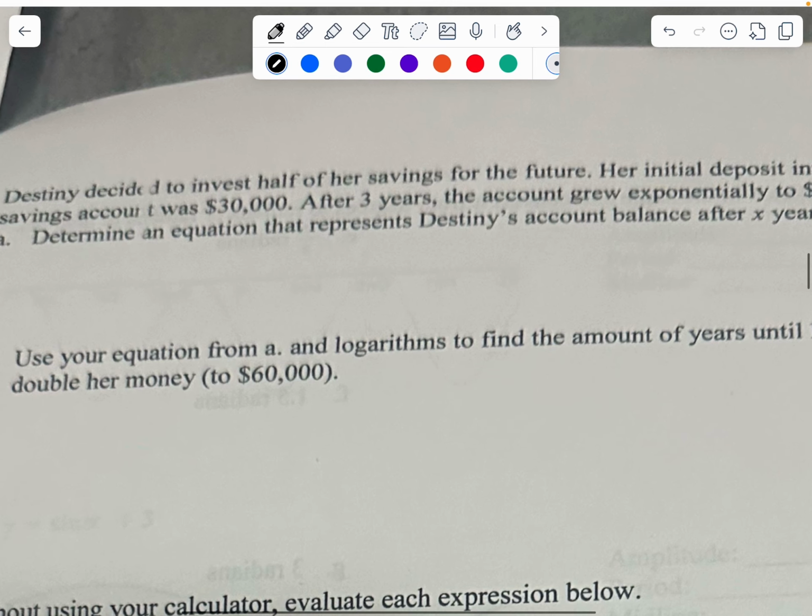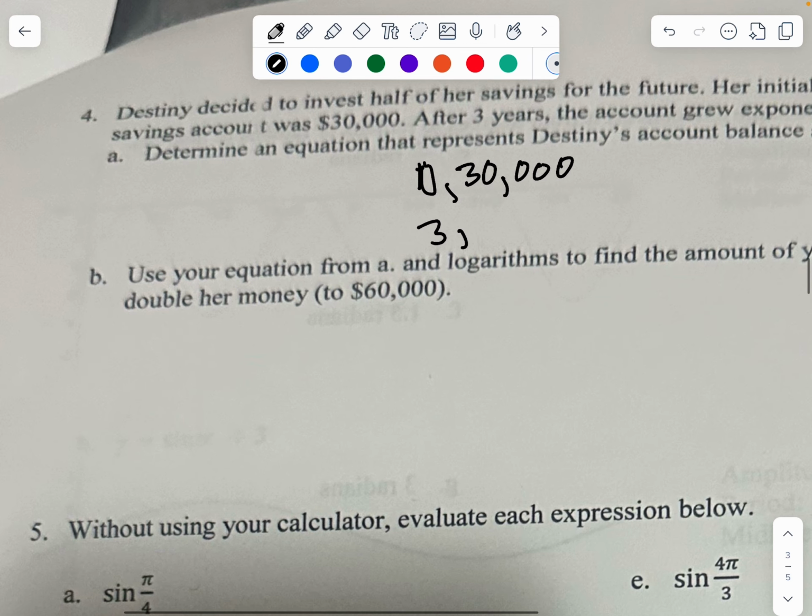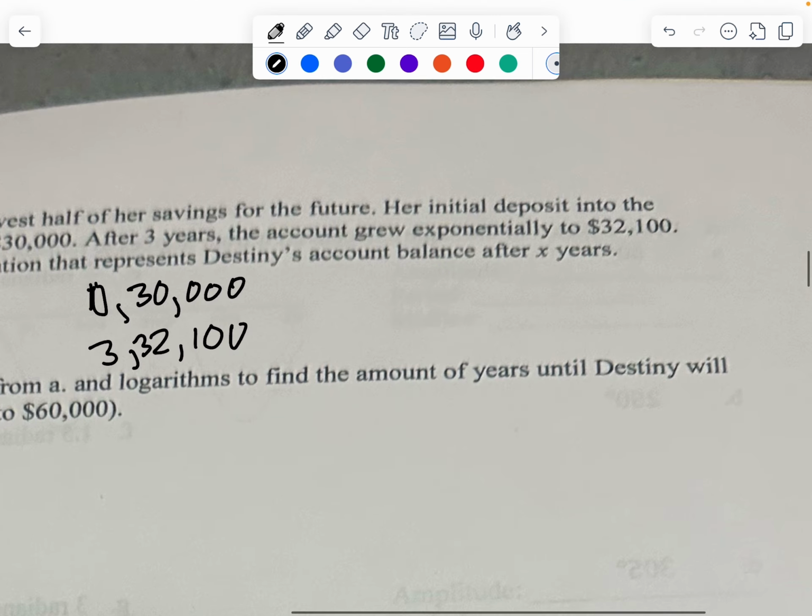So we have 2 points. 30,000 and 32,100. Now we plug these into equations.